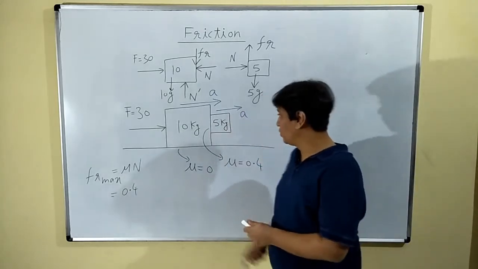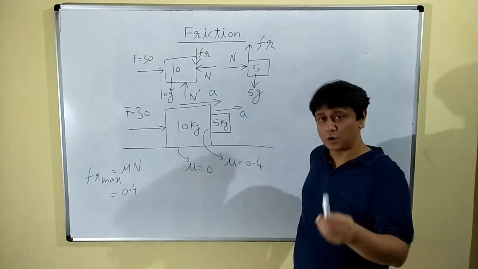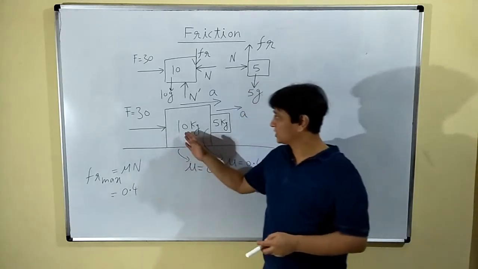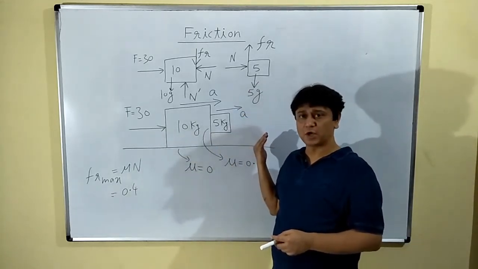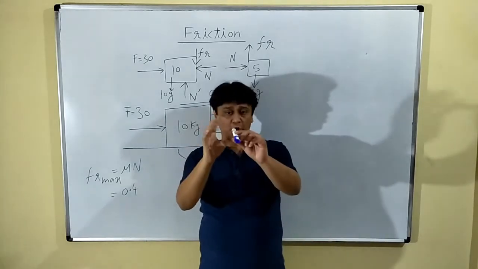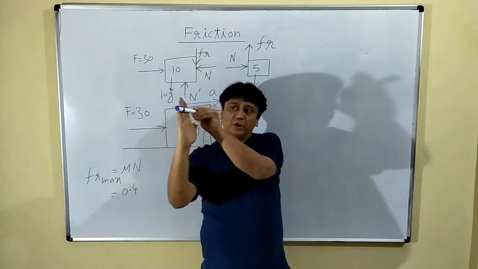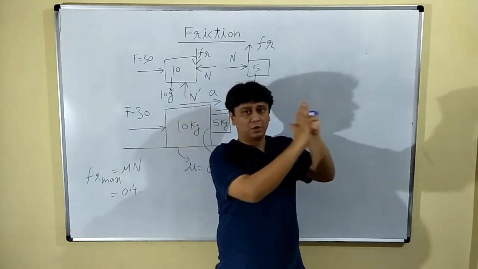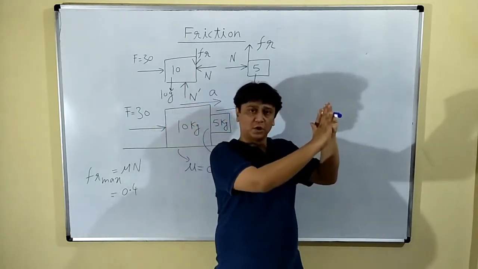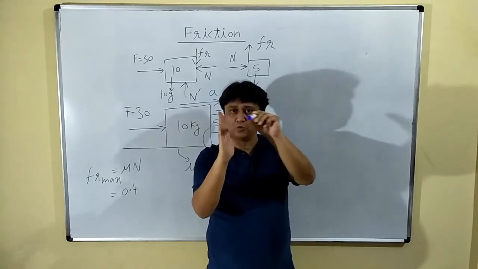We have no idea whether the 5 kg block is slipping down or not, but we know that along with the 10 kg block it is moving horizontally with the same acceleration. Look here. It could be that this is the 10 kg block and this is the 5 kg block, and they both move only horizontally, with no vertical movement.